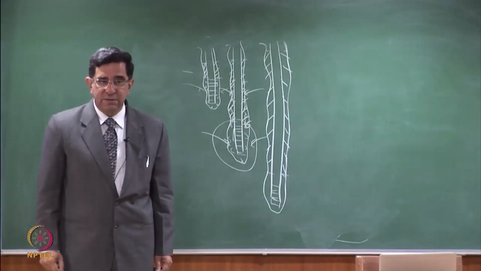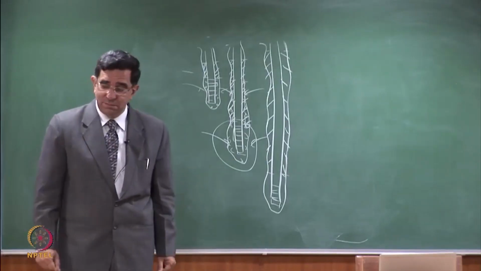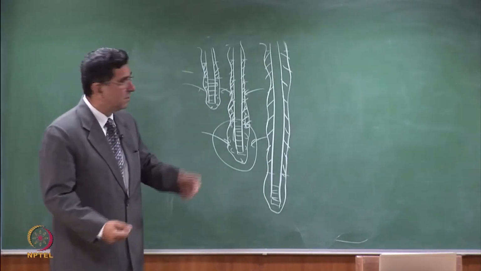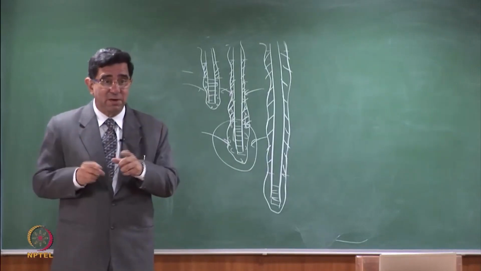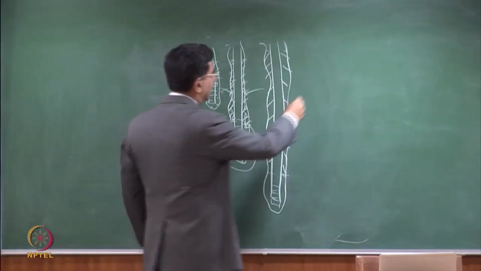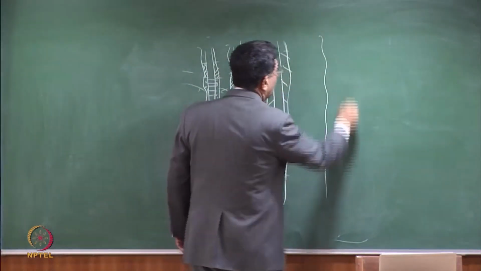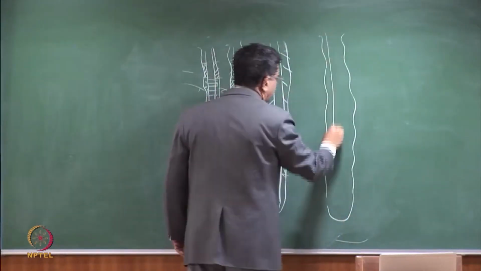So the question is, can we put the 3 seals in the same hole? Let me try and do this. Drilling 3 wells is much more expensive than drilling 1 well. Can I put the 3 seals in 1 hole? Let me make the well. Let me send the pipe.